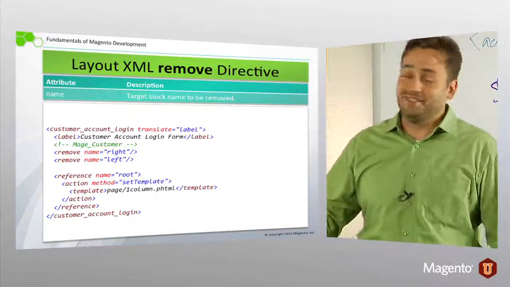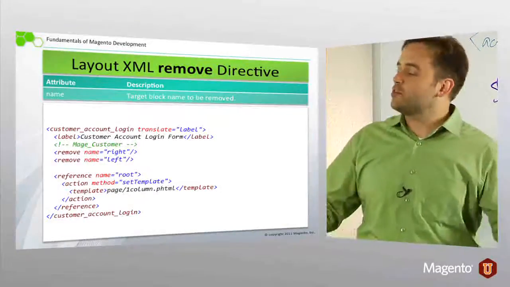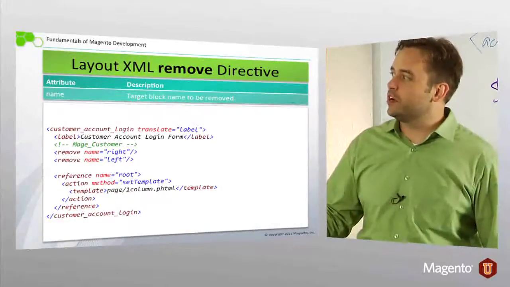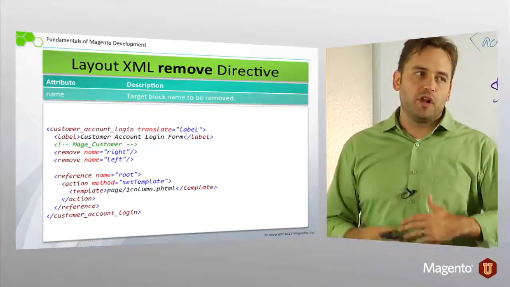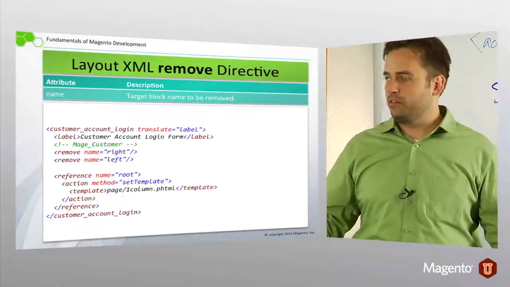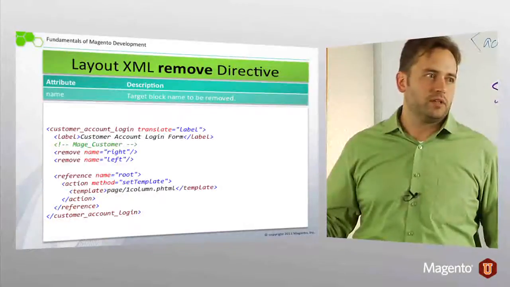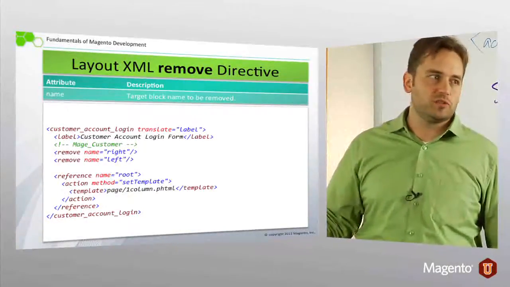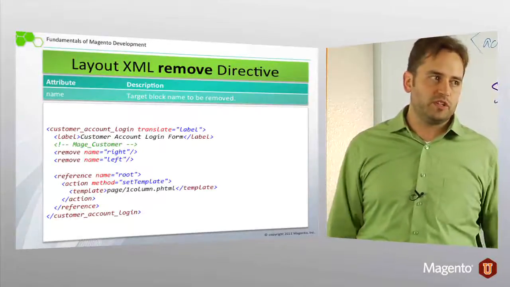Actually, no, I'm sorry, that's a bit crass, because really what's happening here is once we remove that, then we're not going to bother instantiating any of those other objects. It's just a little bit of efficiency to be gained here. So any other blocks contained in those blocks would never be instantiated.